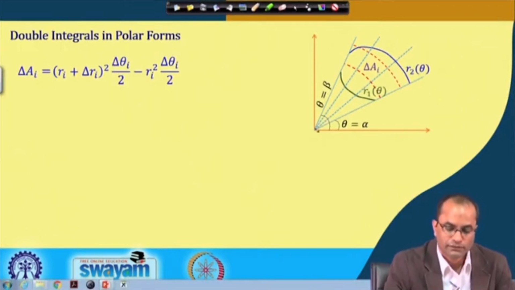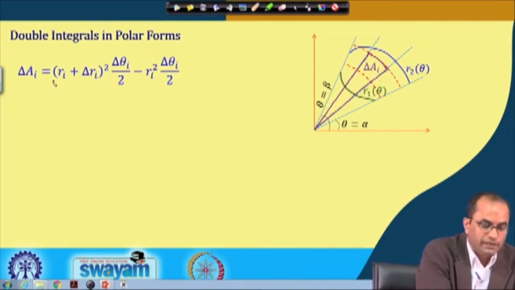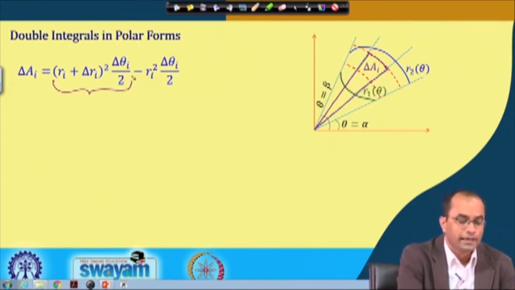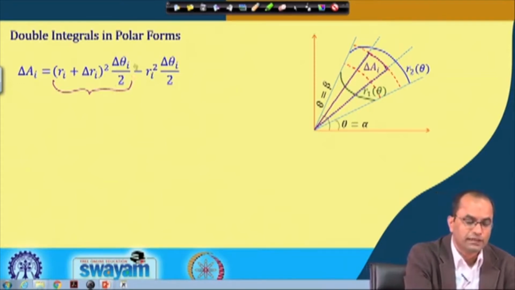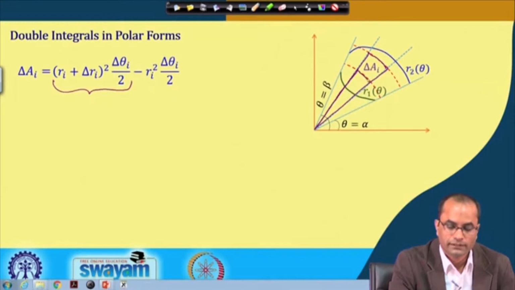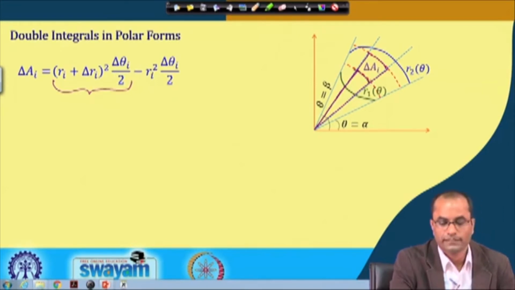So, the first area is given by r i plus delta r i squared, because that is the radius, and the angle delta theta i, divided by 2, and minus we are subtracting the inner area to get the area delta A i.